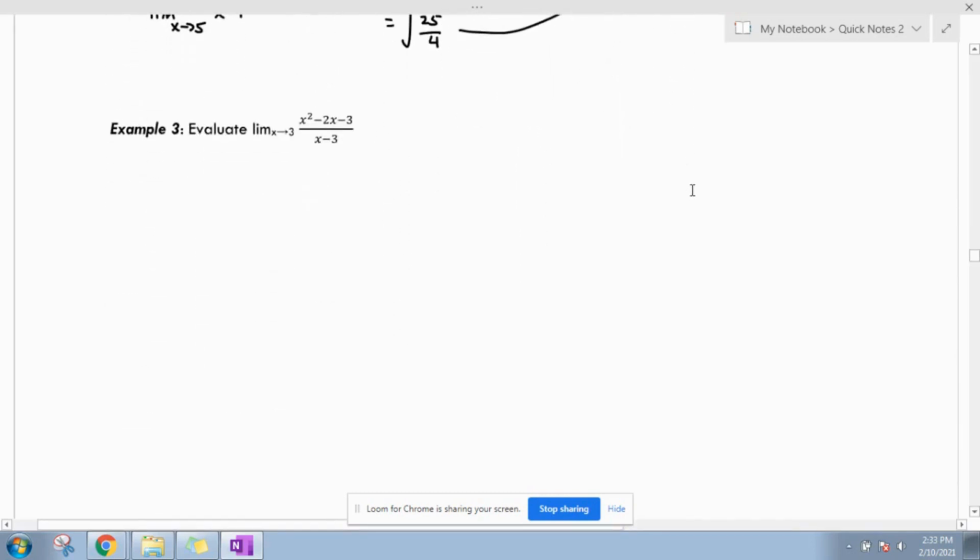So for example 3, it says evaluate the limit as x approaches 3 for x squared minus 2x minus 3 all over x minus 3. So just like example 1 and 2, we're going to try, without using those properties of limits, to do a straight substitution. We're going to plug in x equals 3 now.